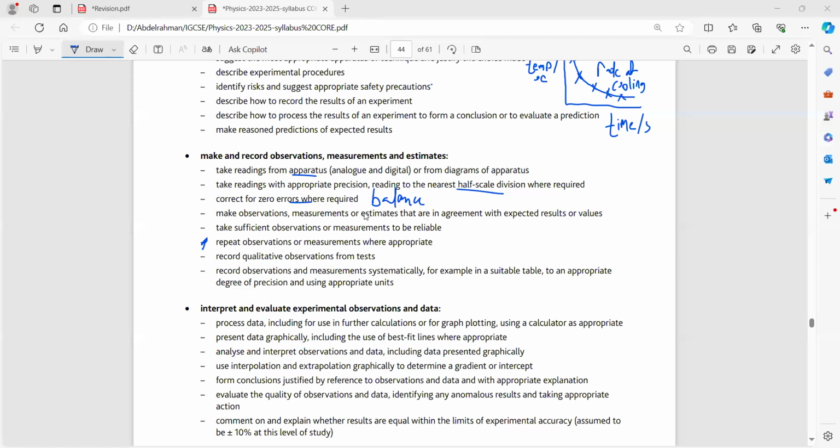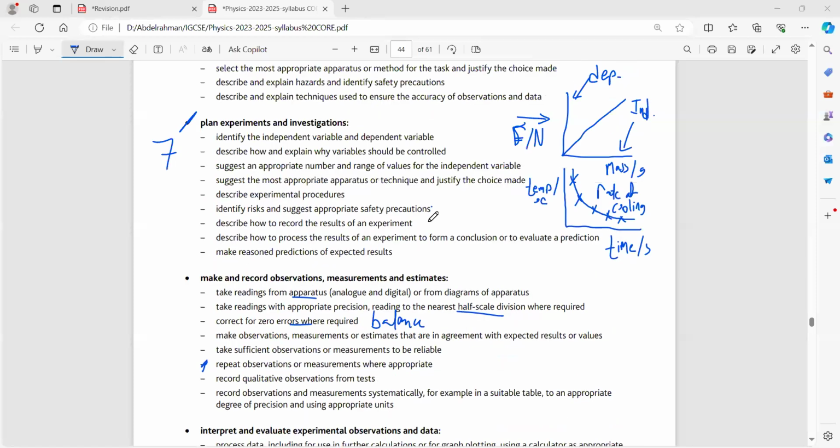Again, for the paper, for planning an experiment, there is a point that you have to say while writing down the method, the safety precautions, whatever, in the procedure.